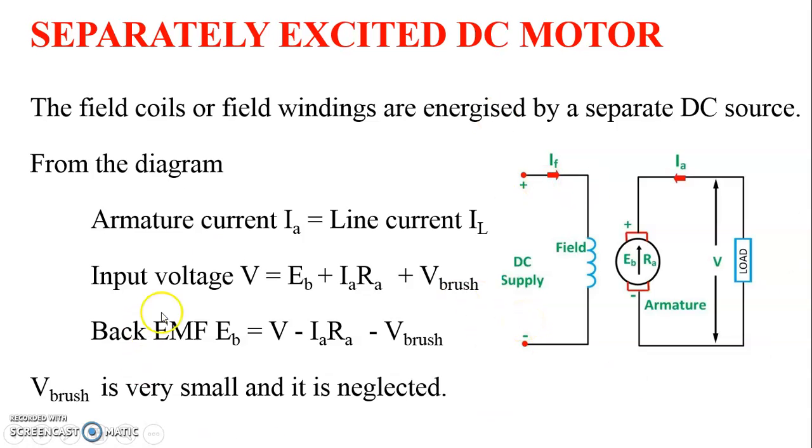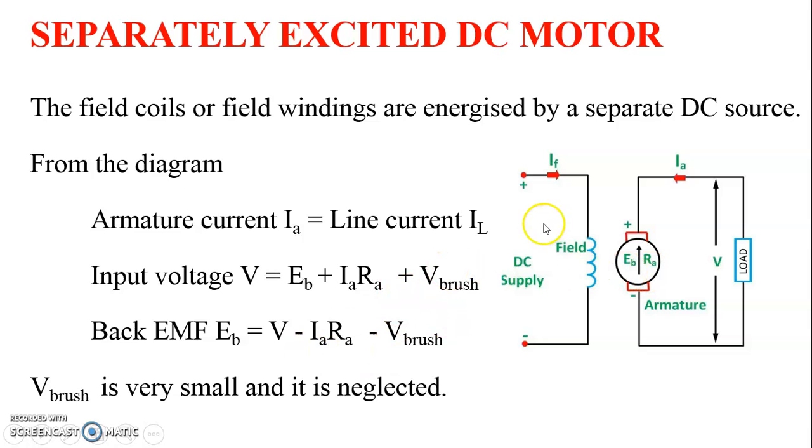So from the figure, the armature current IA is equal to the load current IL or line current. Next is the input voltage V. For the motor, input voltage V is equal to EB plus IA into RA plus V brush, where EB is the back EMF of the motor, IA is the armature current and RA is the armature resistance.